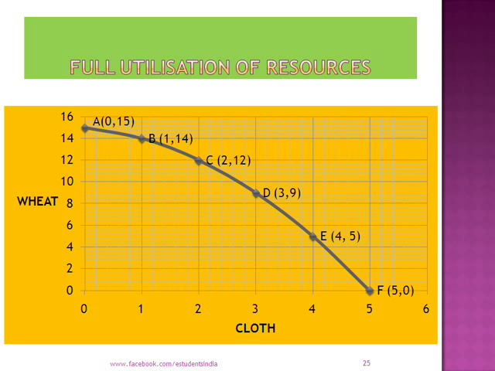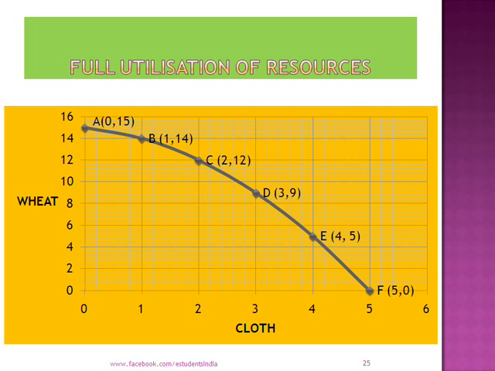In a full employment economy and with a full use of production capacity, more of one good can be obtained only by cutting down the production of another good. The curve AF is called the production possibility curve or production possibility frontier. It shows the various combinations of two goods which the economy can produce with a given amount of resources and a given technology.